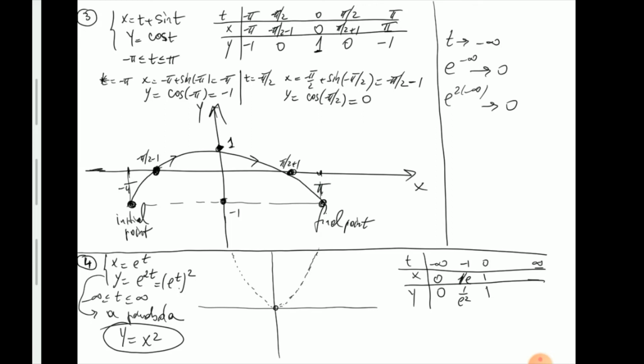So if you were to sketch the entire motion, it starts near 0, 0, near the origin, and goes to infinity to the right hand side, and that's the direction of motion. As you move on the parameter domain from minus infinity to infinity, you trace the right half of the parabola starting very close to 0, 0, and then all the way up to infinity.